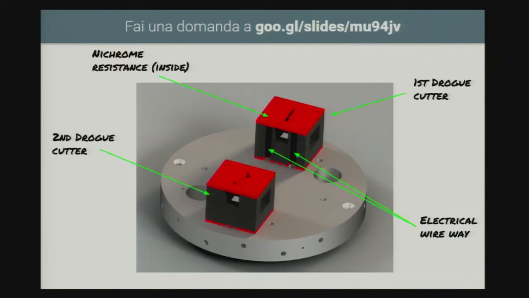This is a render of the cutter system. You can see the first drag cutter and the second drag cutter. Inside each one there is a nichrome resistance, which is how the cord can be broken.